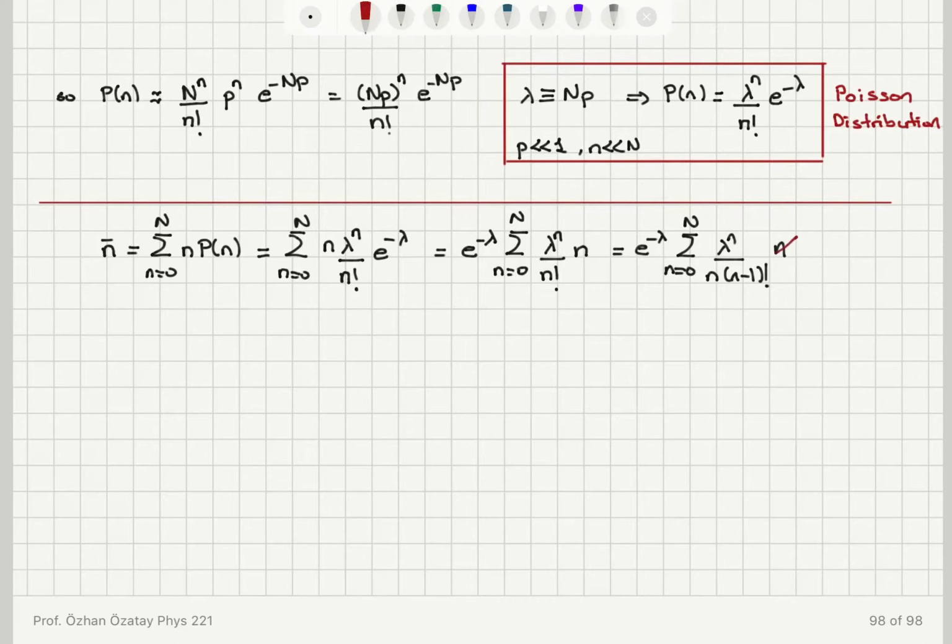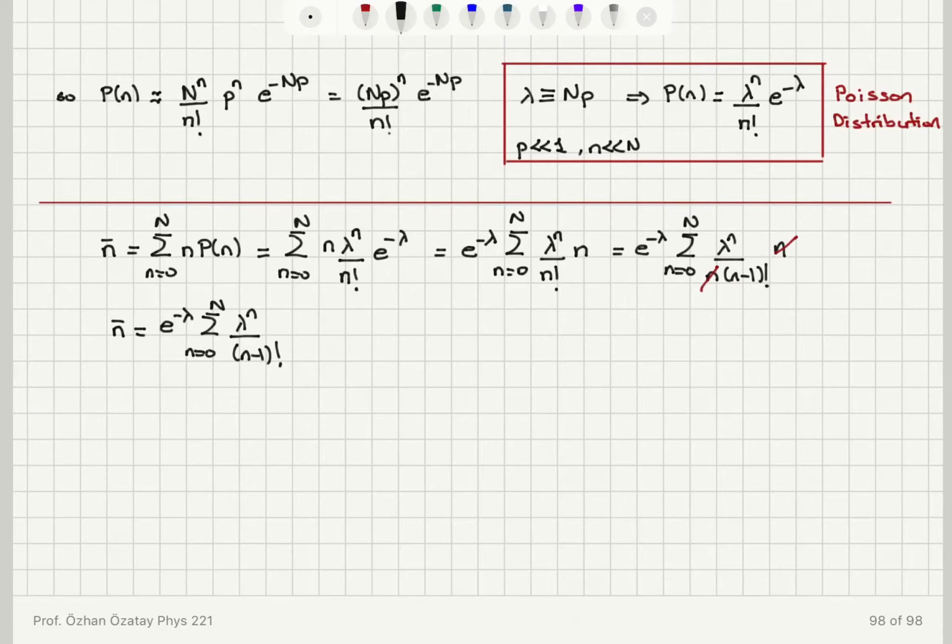So these two n's will cancel. Therefore, for the mean value of n, I will have e to the minus lambda, n equals 0 to capital N, lambda to the n divided by n minus 1 factorial.